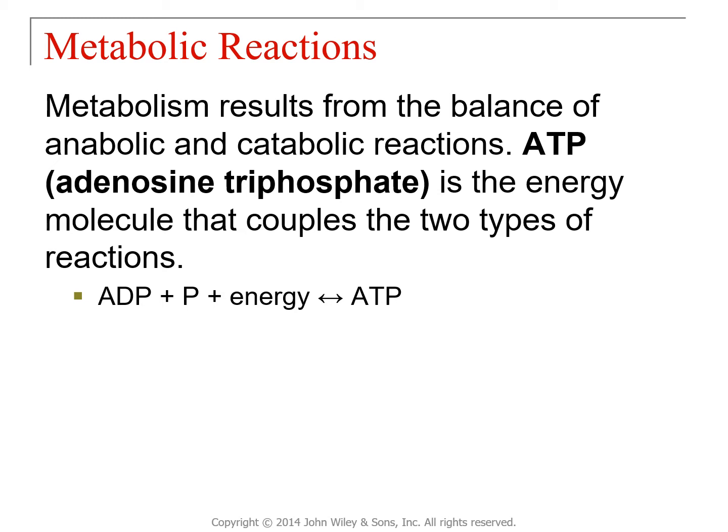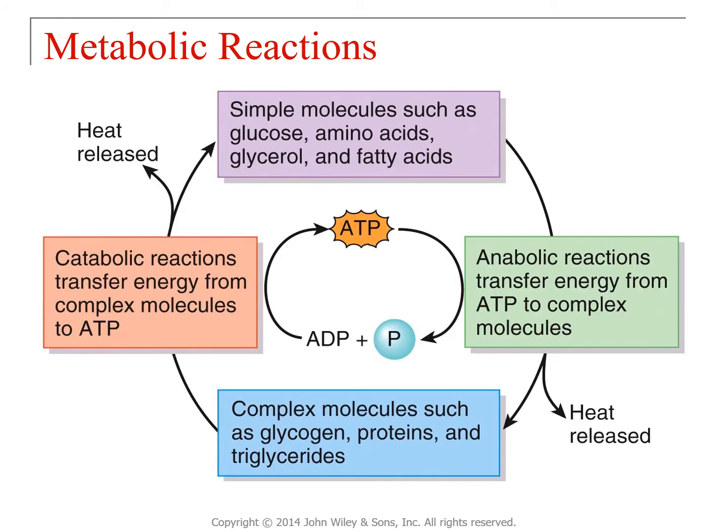ATP can then be broken down to release that energy to be used for various processes, and that results in ADP and inorganic phosphate. So these reactions are reversible, and ATP is the energy currency of your cells. We mentioned the interplay between ATP, ADP and phosphate as intermediate molecules in metabolic reactions, anabolic and catabolic.